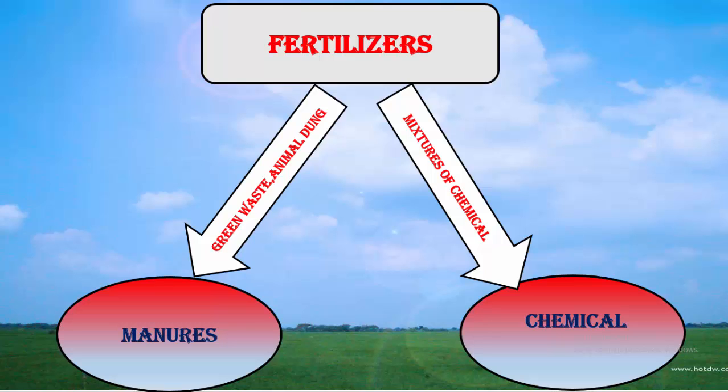Students, what happens if the same crops are grown repeatedly in the field? The fertility of that soil decreases. So then we have to add fertilizers to the soil to restore its productivity. So fertilizers provide the required nutritive substances to the crop. So this way we can maintain the nutritive value of the soil by applying fertilizers.